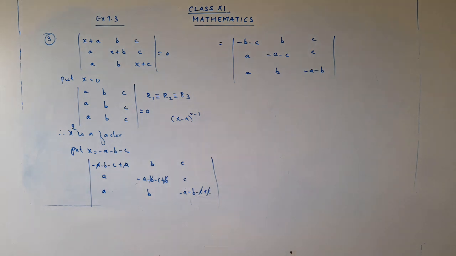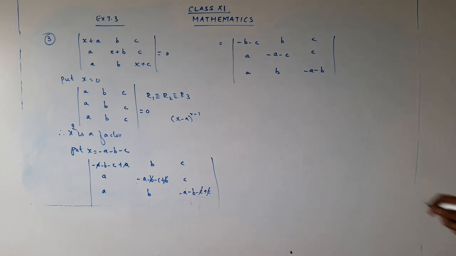I get minus B minus C, A, B, minus A minus C, B, C, minus A minus B. Okay, have you completed? Now let's see what to do here.